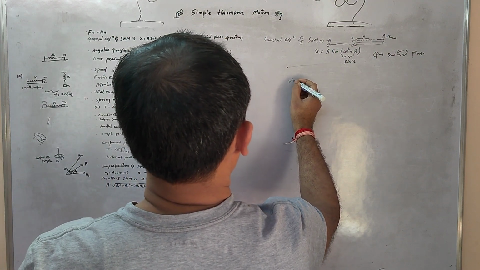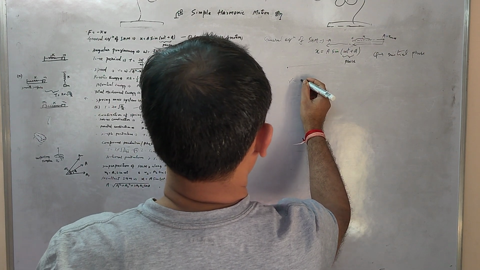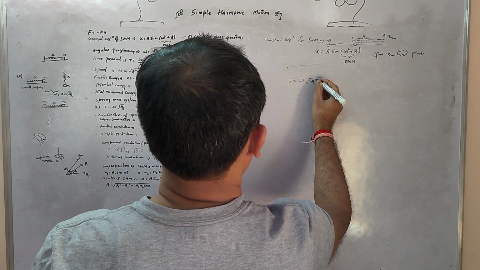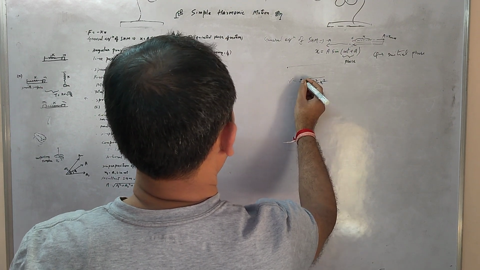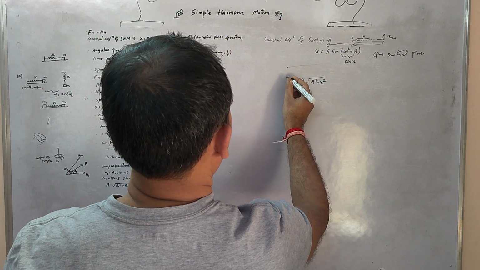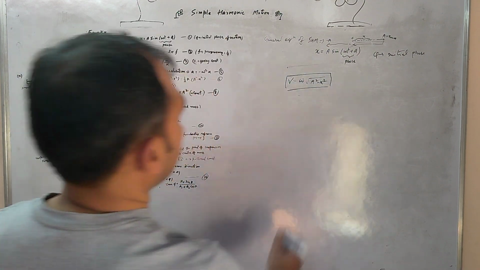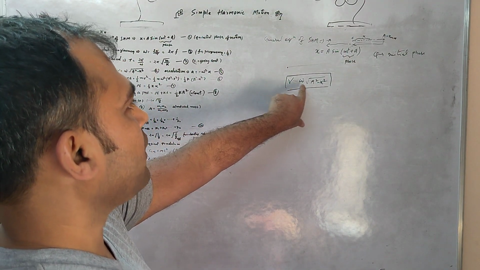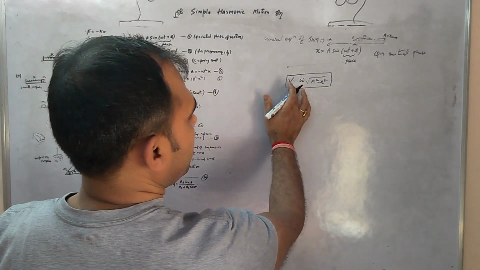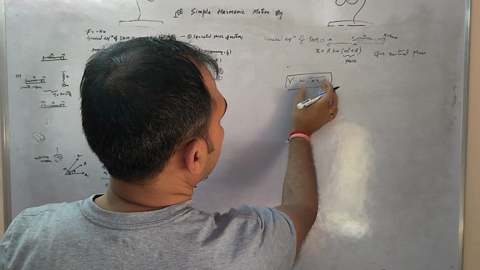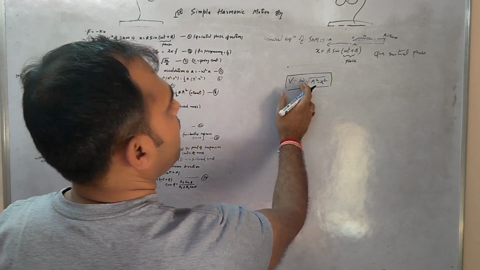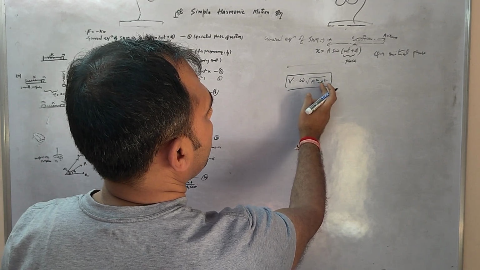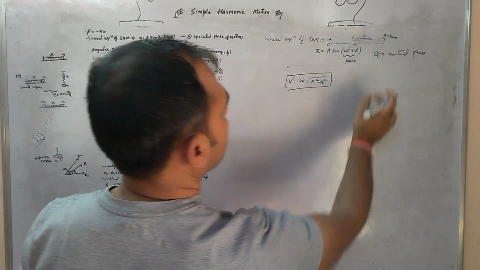This will be equal to omega under root A square minus x square. This is the formula for the velocity or speed of the point. Velocity will be with direction, and this is the magnitude or speed. That is omega, the angular frequency, A the amplitude, and x the distance of this point.